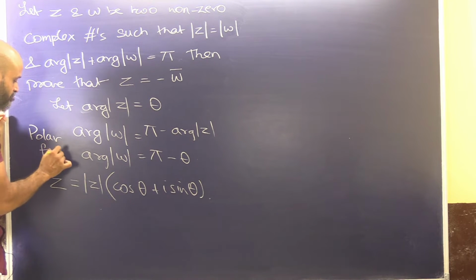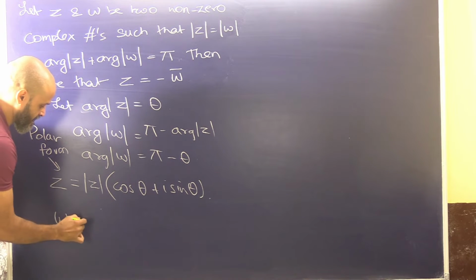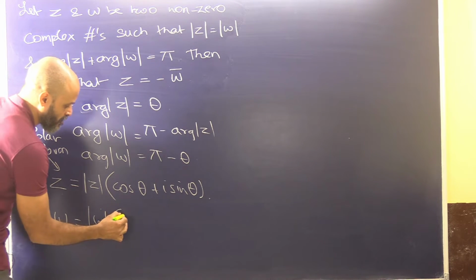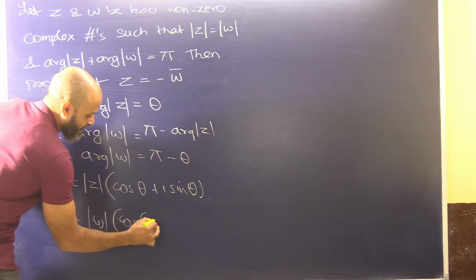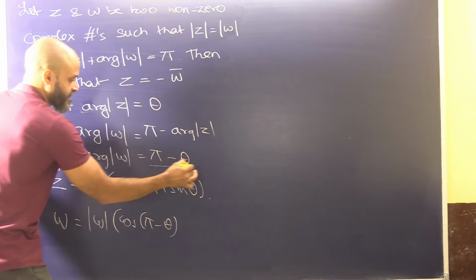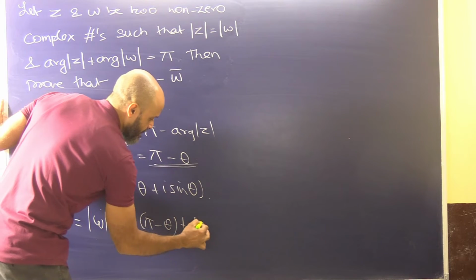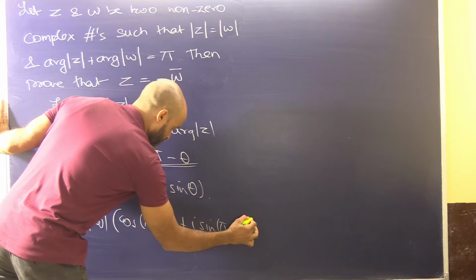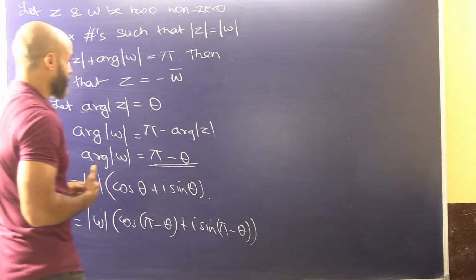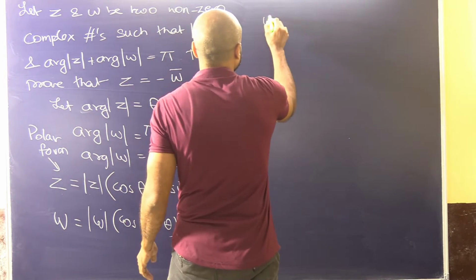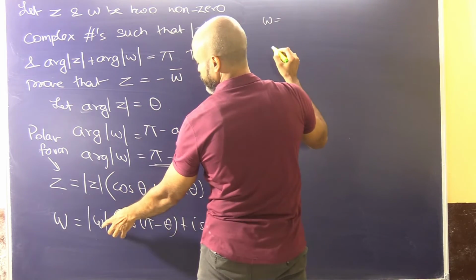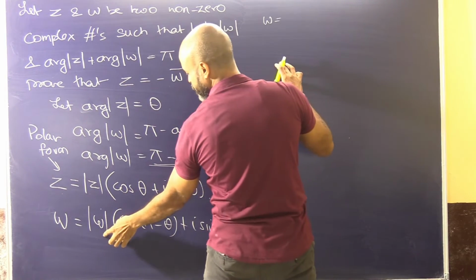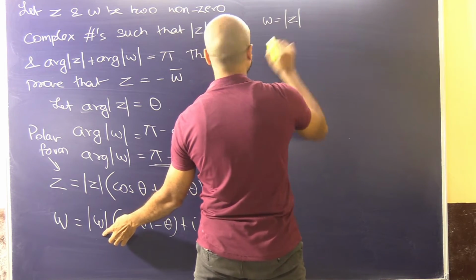Okay. In the same way, we can represent w as mod of w into cos pi minus theta, because that is the argument, plus i sin pi minus theta. So in this case w will be equal to, now z and w are equal in modulus, so in place of the mod of w we can put mod of z.